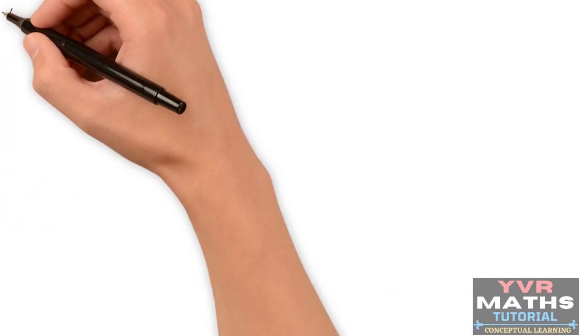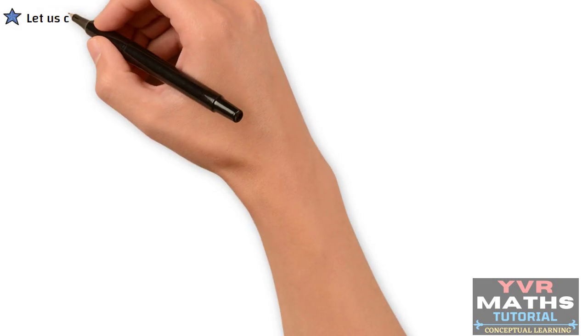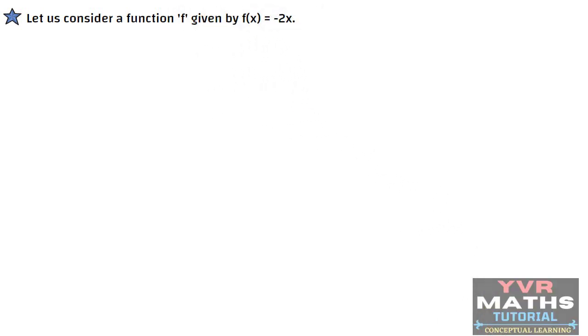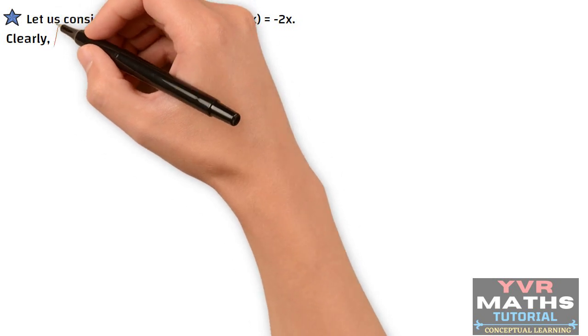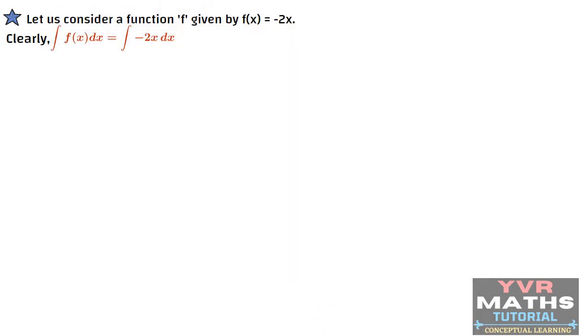In order to understand the geometrical meaning of an integral, let us consider a function f given by f of x is equal to minus 2x. What is the integration of this function? Clearly, integral f of x dx is equal to integral minus 2x dx. Here minus 2 is constant, then what is the integration of x?